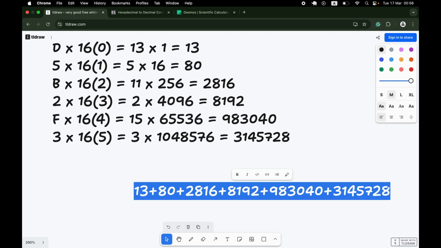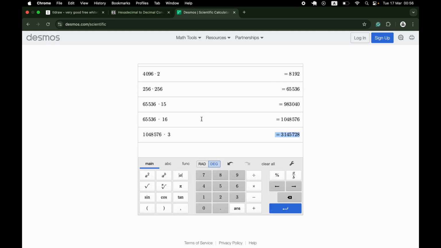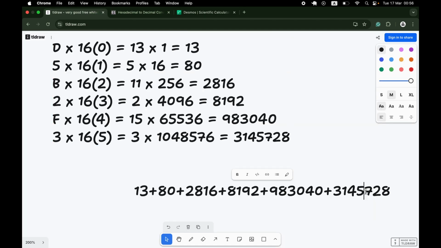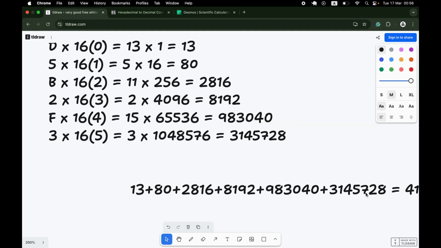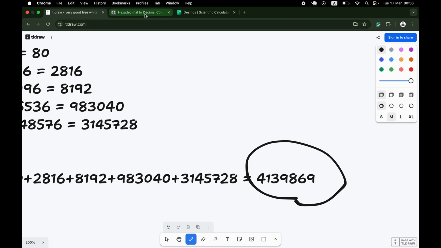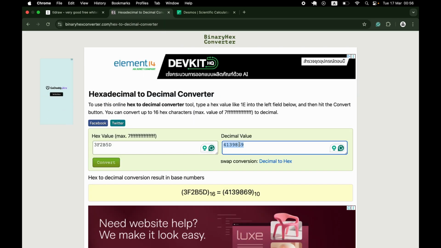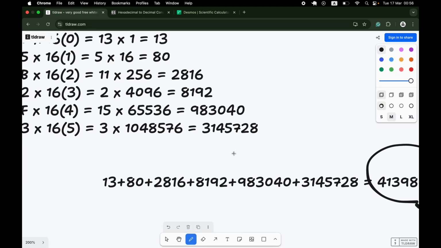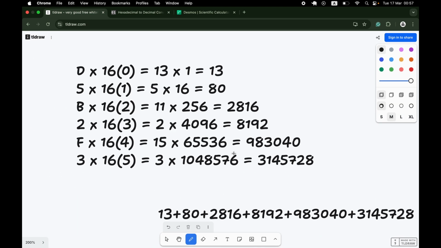Summing all of these, we get the total value. Let me check it against the earlier number: 4139869. Here also 4139869.